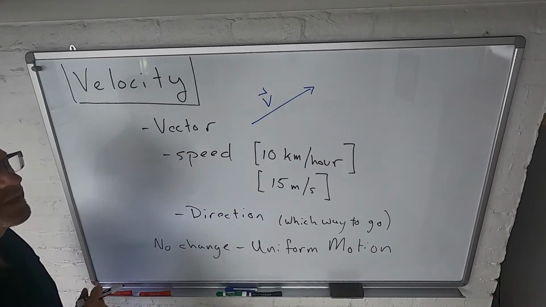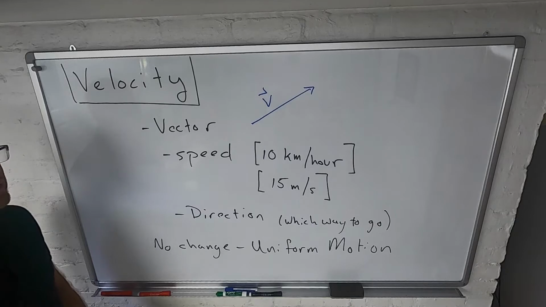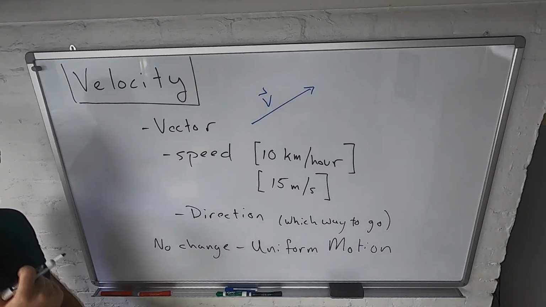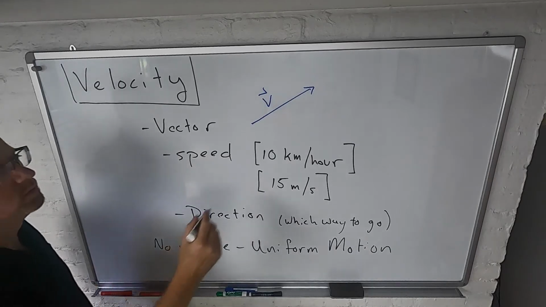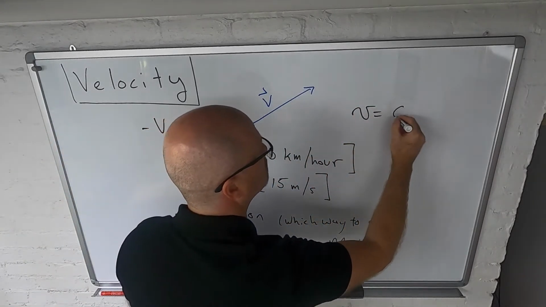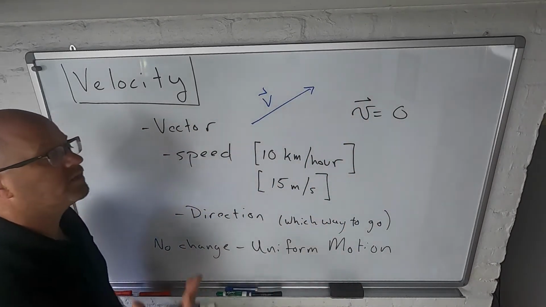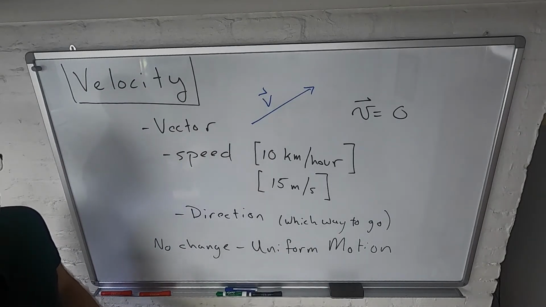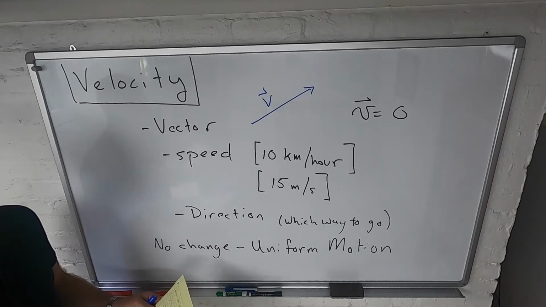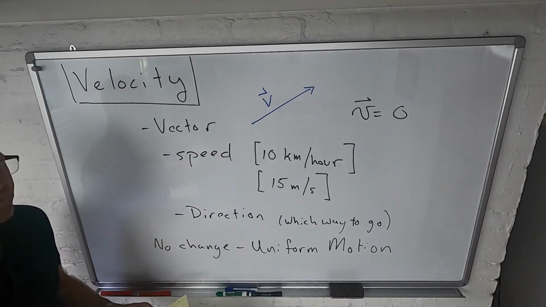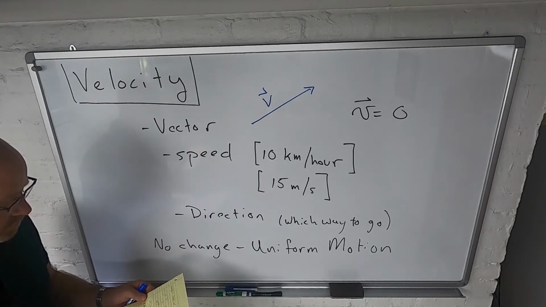There's another aspect to uniform motion that we often overlook, and that is not moving. Velocity equals 0 is another type of uniform motion. So sitting still is as important as moving in that context.